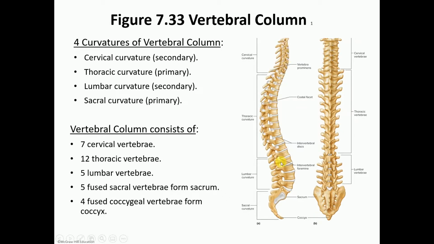Now for the curvatures, as in utero, we are all curved in that fetal position. So we're kind of curved towards the front. The curves that we keep that are the same as in utero are known as your primary curves, and those include the thoracic and the sacral curvature.